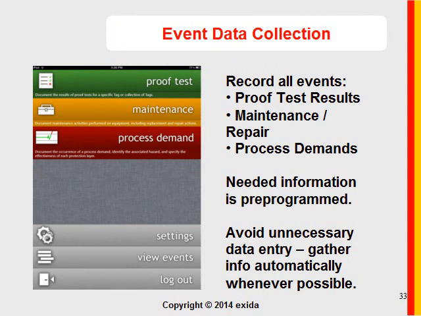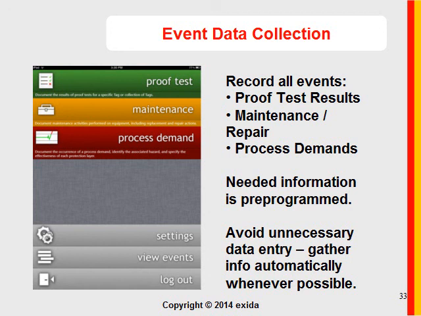When it comes to the event data collection, now what type of event is taking place? Is it a proof test? Is it a maintenance activity? And the activity could be something similar to a proof test with multiple steps. It could also be a simple, hey, I'm removing this device from service and I'm replacing it because the end of useful life is reached, or there may be a process demand that I need to record.